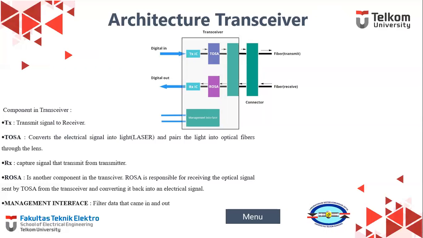And ROSA is the component in the transceiver that is responsible for converting the optical signal back into electrical signal. And then we have RX that captures the signal transmitted from the transmitter. And lastly, we have the management interface that filters data coming in and out.